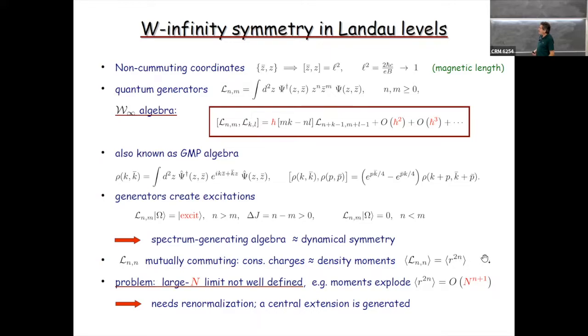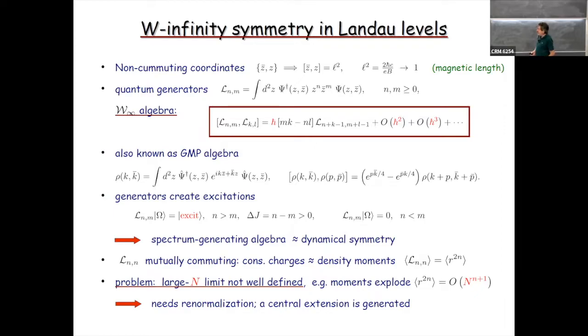The problem with this setting is that it's not useful because it needs some normalization. This is a first quantized picture, quantum mechanics, but we want to go to the relativistic limit. So you have to remove the effect of the Fermi sea. You have to invent some renormalization. And in so doing, as we know very well in conformal field theory, for example if you discuss free fermion conformal theory, you have to normal order, and out of this you get a central extension.